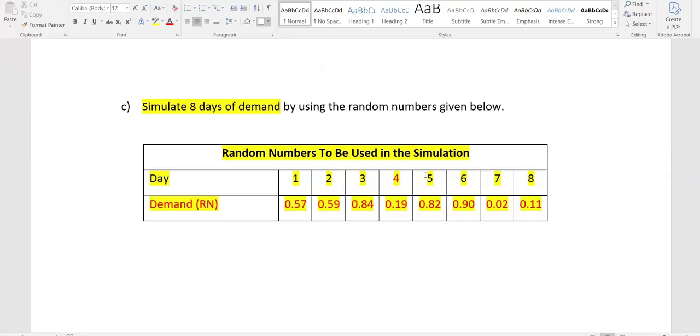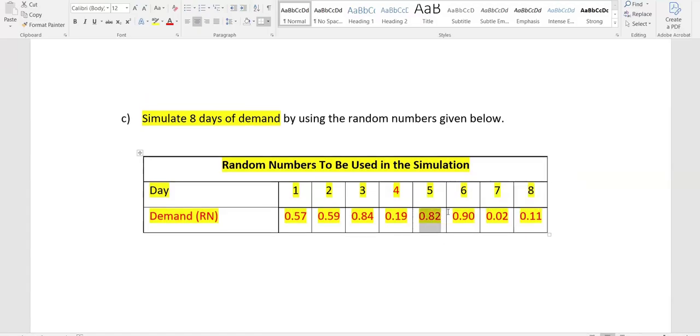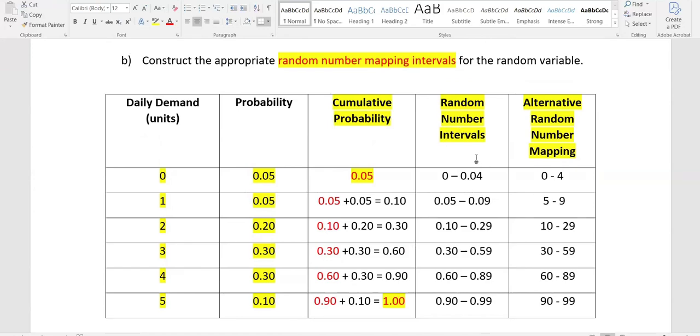Right, so let's start, Shauna, by saying day 5 has a random number of? 0.82. To search for this 0.82, we go back up to the random number intervals and locate the interval that 0.82 would fall in.